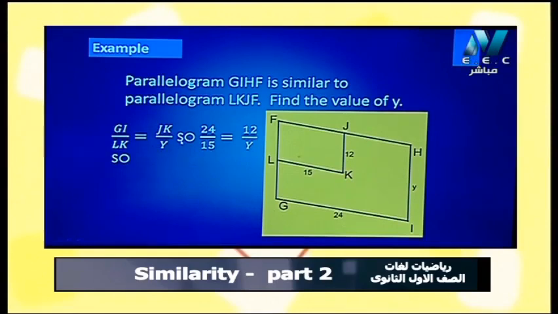When we substitute GI equal 24 and LK equal 15, and JK equal 12 over y, and make cross multiplication, 12 times 15 over 24, y will be equal to 19.2 centimeters.